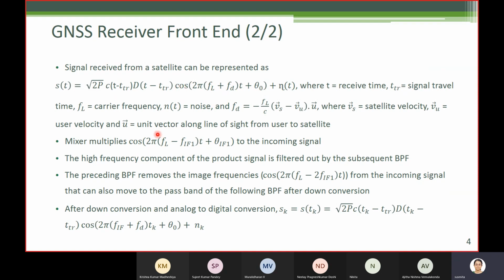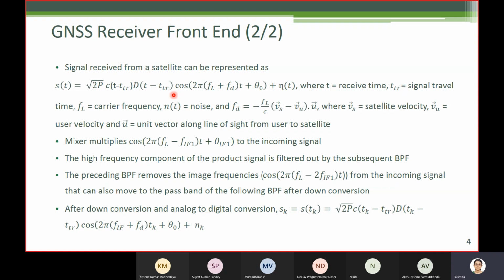So we have cos here, we have cos here. And you see the argument, it is 2 pi FL minus FIF1. So after the first stage of down conversion, let's say the frequency is FIF1, IF stands for intermediate frequency, and then some offset will be there.